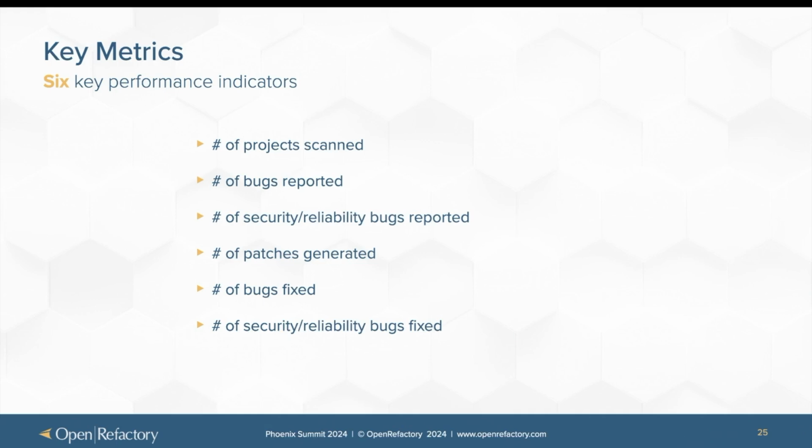We're looking at the number of projects that we are scanning every month, the number of bugs reported in that month, and among them, the number of security or reliability bugs that are reported, the number of patches that are generated, the number of fixes that we also generate and report, and finally, the number of bugs that have been fixed, as well as the number of security and reliability bugs that have been fixed.